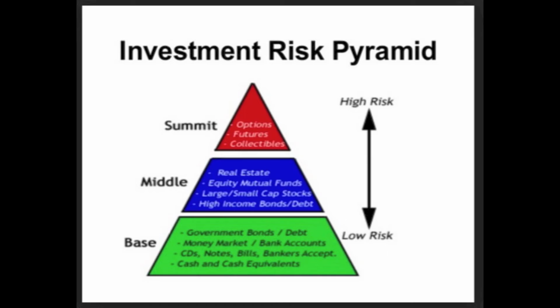Now, what this model does fail to underscore, and what most financial analysts fail to underscore, is that it's just as important, if not more important, to consider how you are allocating your capital and what amount you're allocating into each category, or maybe just into one category, because that is going to be a very important variable when you are considering risk.